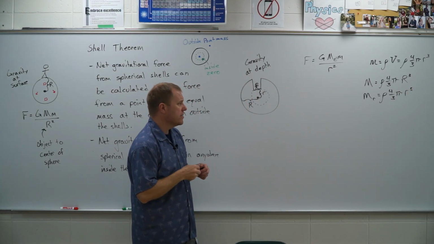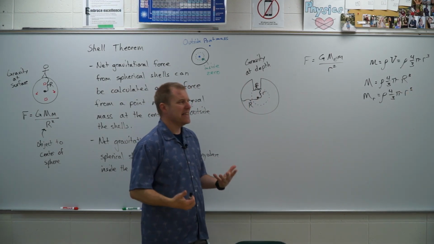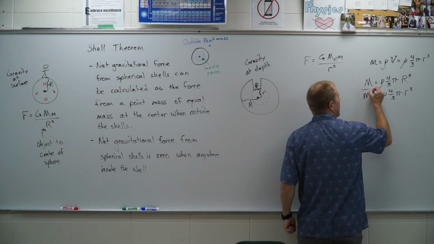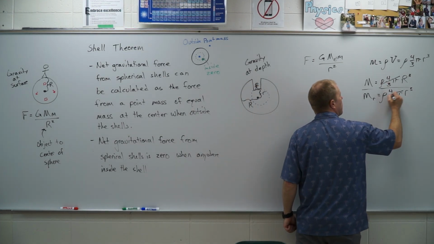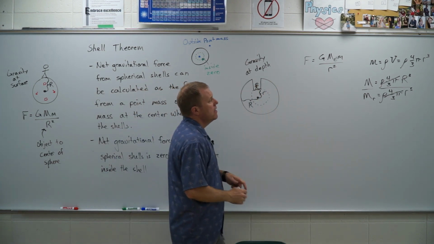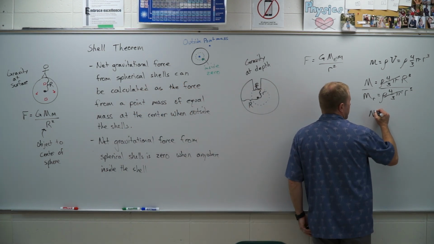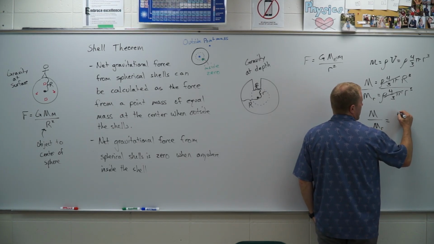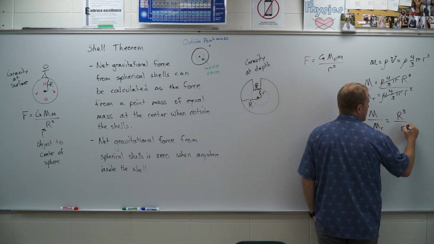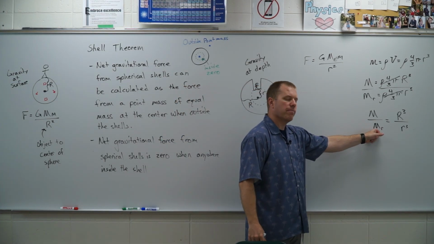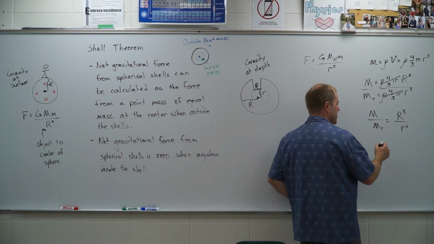Now, what's nice here is I can divide these two equations, and essentially when I divide these two equations, all of this 4/3 pi times density cancels out. So now I have the mass of the original planet divided by the mass of that smaller inner sphere equals the radius of the planet cubed divided by the radius of that inner sphere cubed. What I'm going to do here is solve for the mass of that inner sphere.